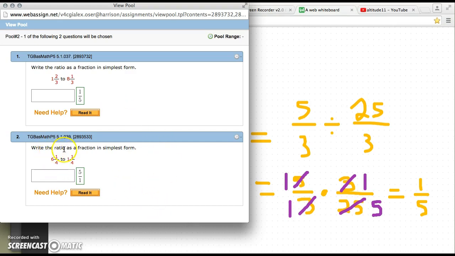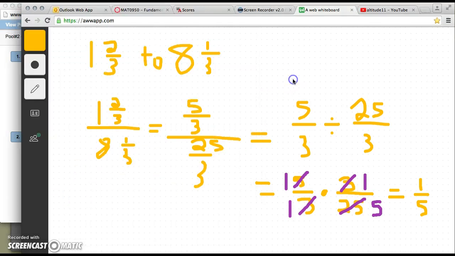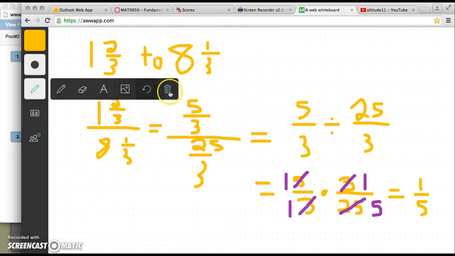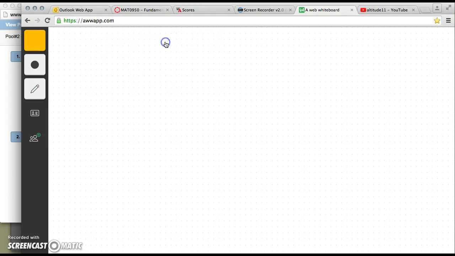So we're taking this ratio and we want to rewrite it as a fraction in simplest form. So 6 1/4 to 1 1/4. Remember, our instructions are to rewrite this ratio as a fraction in simplest form.